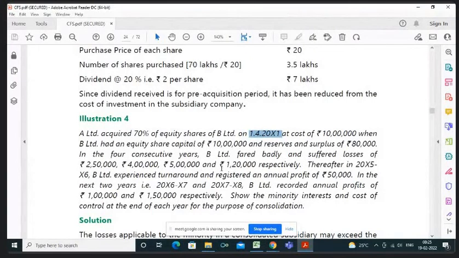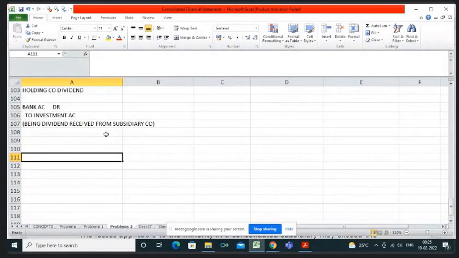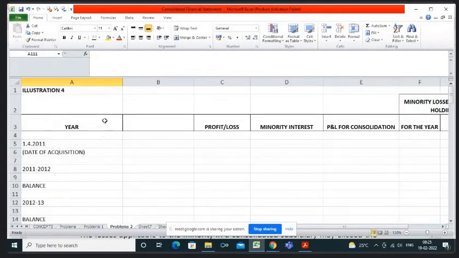So for a total of 7 years, we have to find out what is the minority interest. Some years there are profits, some years there are losses. So having that in mind, we have to work out the minority interest. So how to do that? We'll do it in a statement form. So let's move on with illustration number 4.